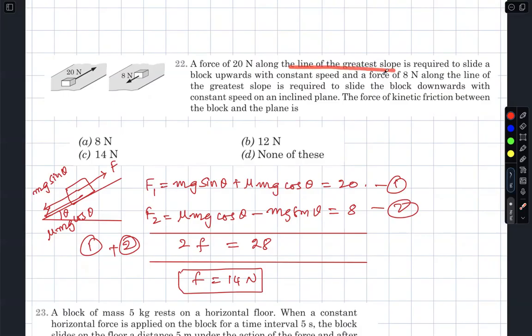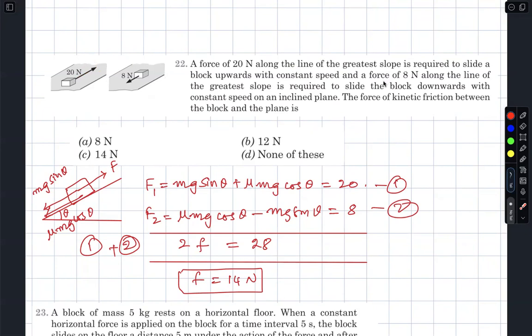Whenever you hear this, if this is the inclined plane, this is called the line of greatest slope. So therefore, up the inclined plane, you are applying 20 newtons force. Down the inclined plane, you are applying 8 newtons force. That's what is given in the question.